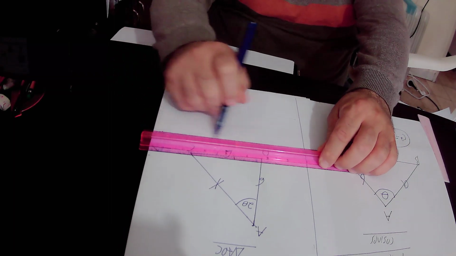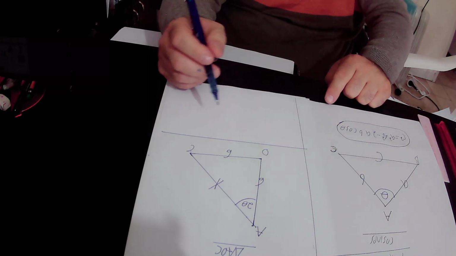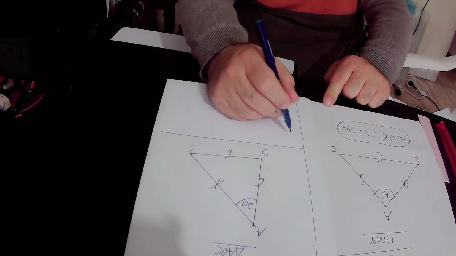So here C squared is actually OC squared.